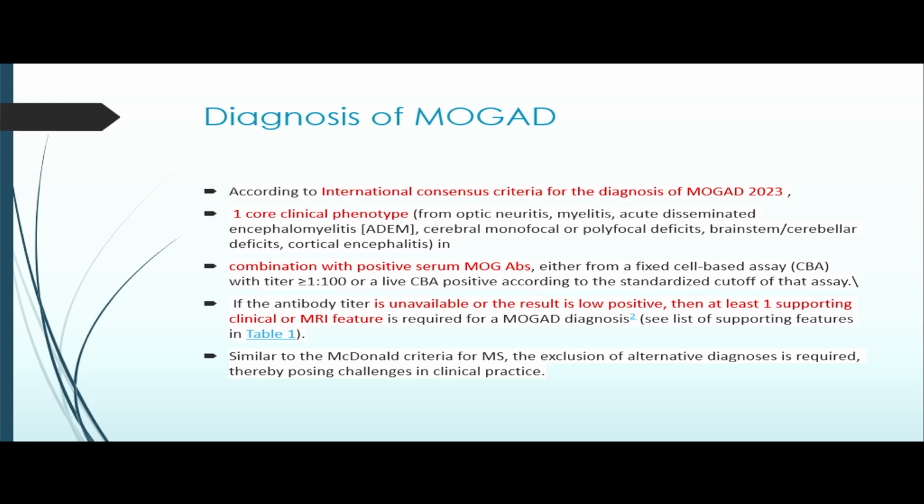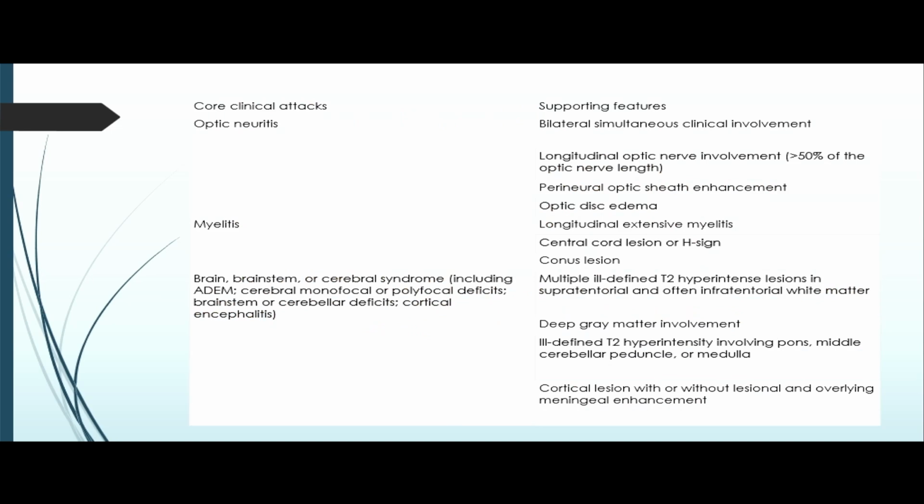So the titer is more than 1 in 100, or if the titer is not available or a weak positive is there, then it will require one supporting MRI feature that I have already described. And the other feature is exclusion of other diagnoses. So these are the core clinical features and supporting features.